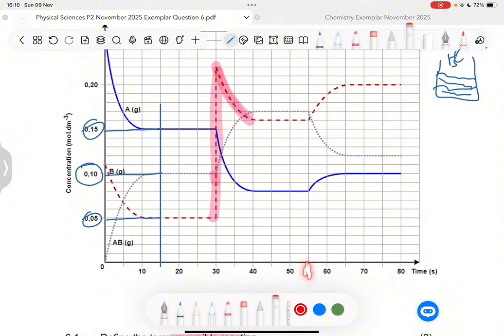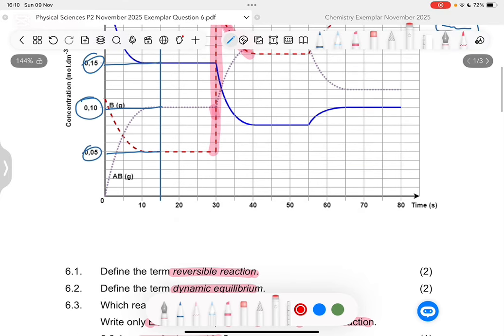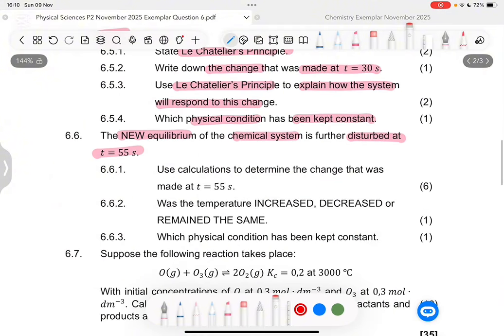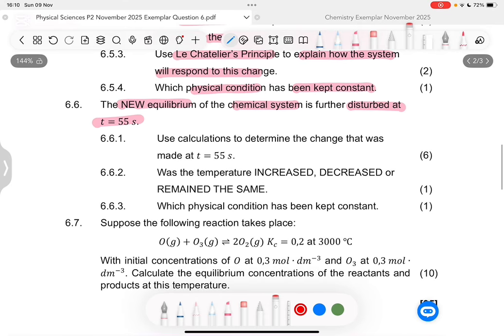It gets disturbed, and I said here we are not sure which one it is between temperature and pressure because it's not easy for us to tell. One of the ways really to tell is to calculate the equilibrium constant and compare it. So in this question, they say to us, use calculations to determine the change that was made at 55. And again, as I said, if we calculate the equilibrium constant and compare it with the previous equilibria, we'll be able to tell which change took place.